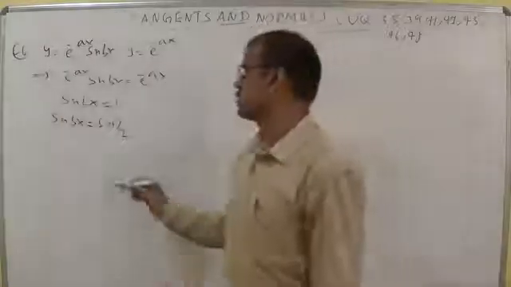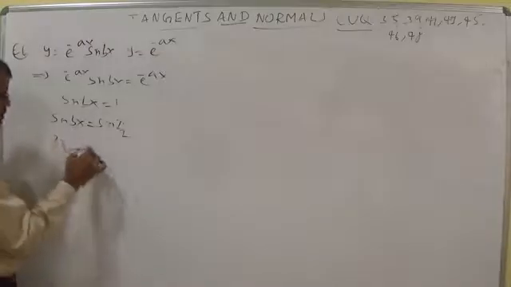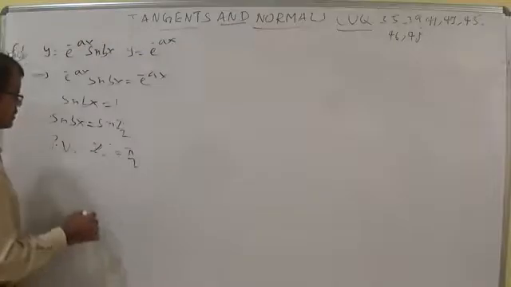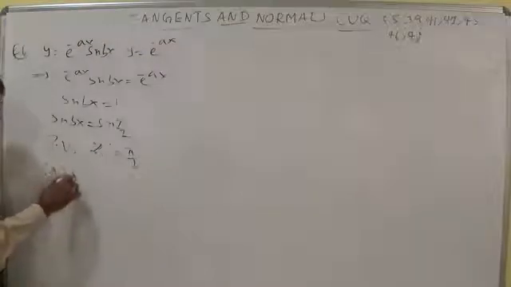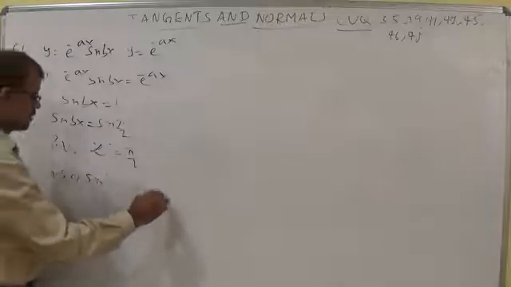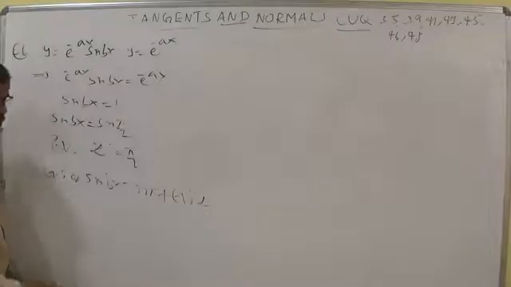We can use the principal value to solve the trigonometric equation. The principal value is alpha by 2. The general solution of sin bx is n pi plus minus 1 whole power n into alpha.